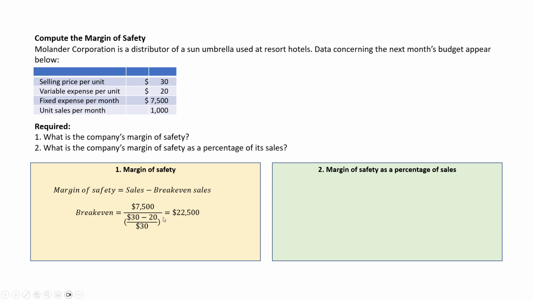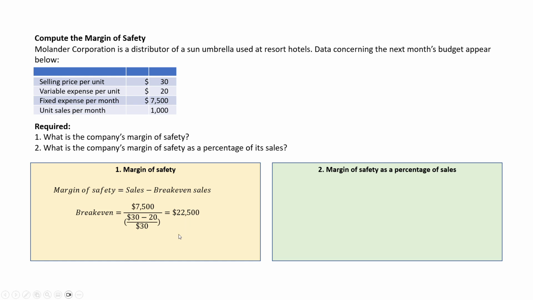This is going to be 1/3, so you want to take it out as many decimal points as possible instead of 33%. Divide that into 7,500, and we get that our break-even point in dollar sales is $22,500, which is how much in sales revenue for sun umbrellas we need to get to a profit of 0, or to fully cover all our costs with our sales.